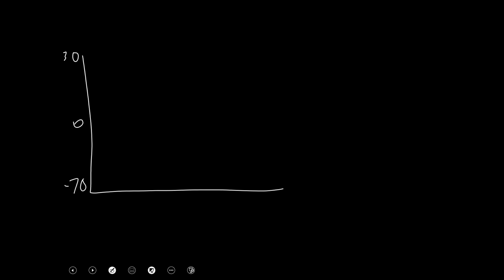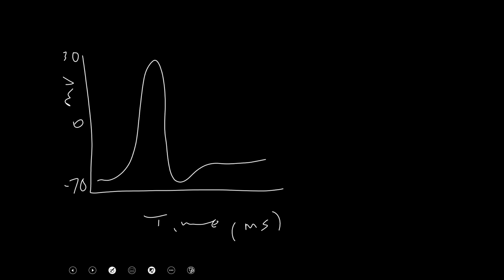So that is voltage in millivolts. This is time here in milliseconds. For whatever reason, I can't draw my parentheses. Ah, well. So yet again, we're dealing with that nerve impulse.